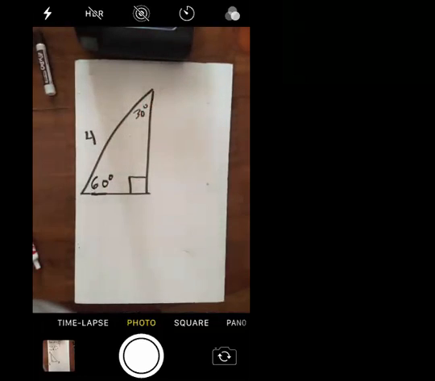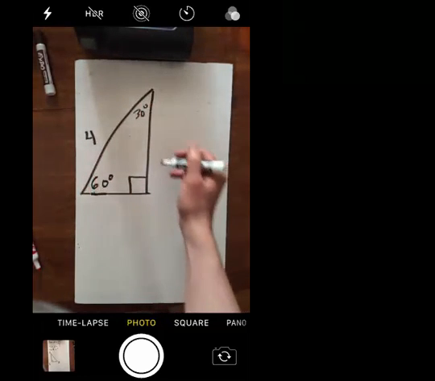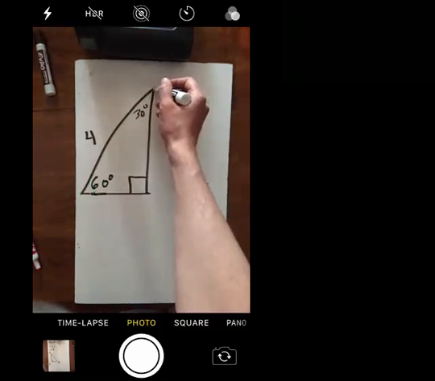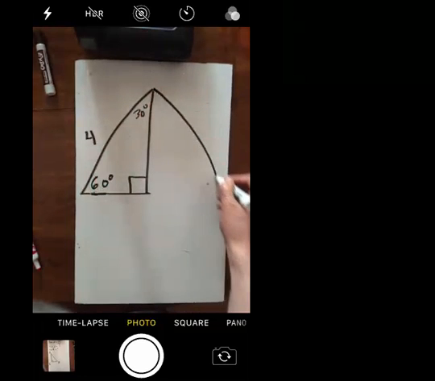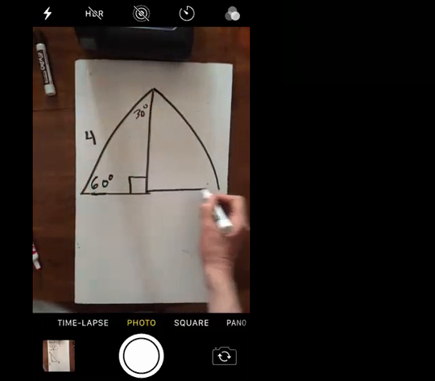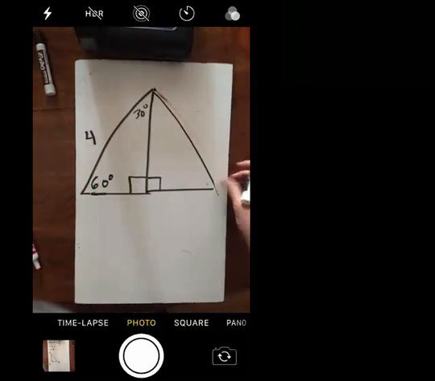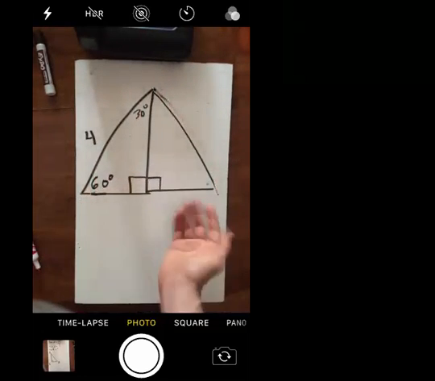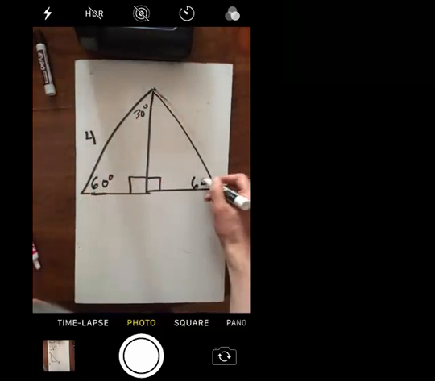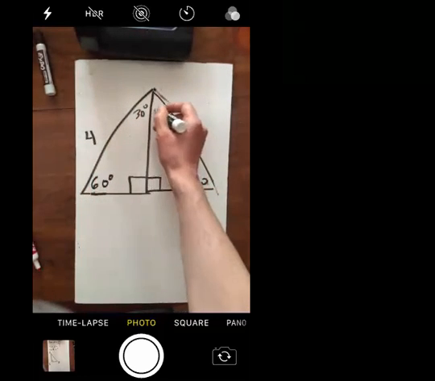Now, instead of trying to memorize how to get there, we can draw an identical 30, 60, 90 triangle here. I want you to imagine that this is a perfect reflection. If we reflect over this, then 90 reflects to 90, 60 reflects to 60, and 30 reflects to 30.